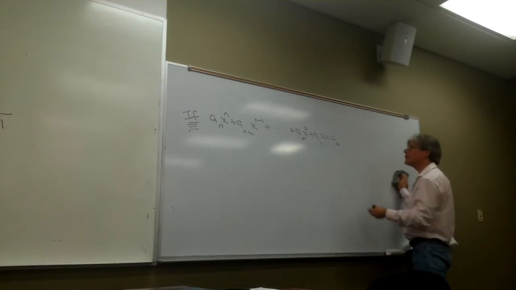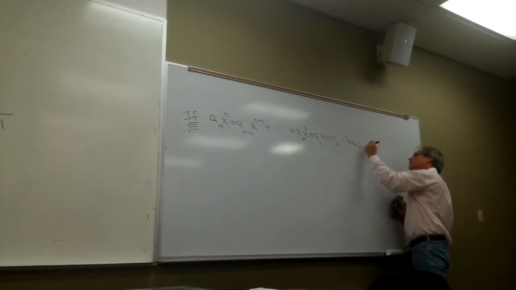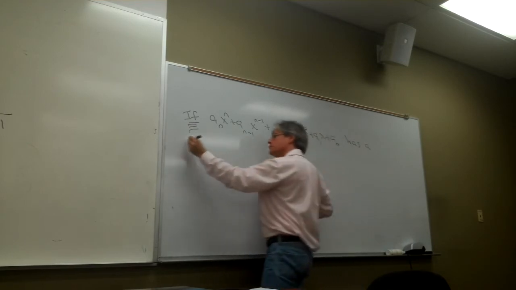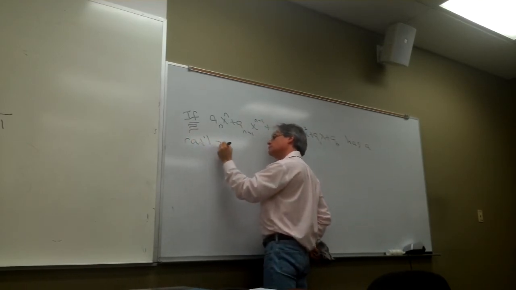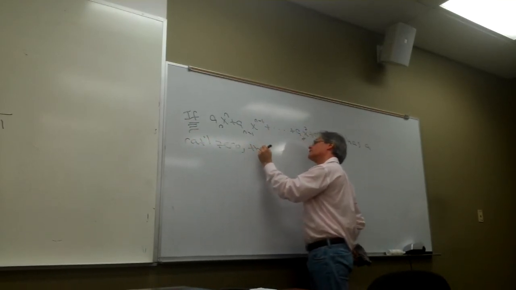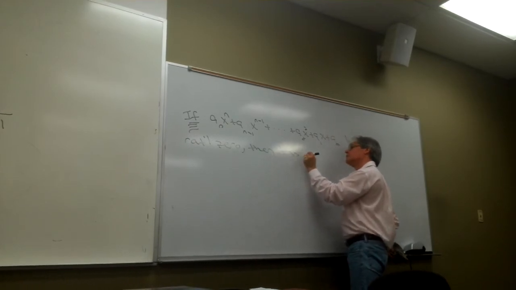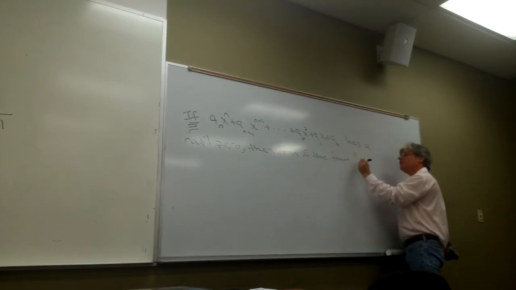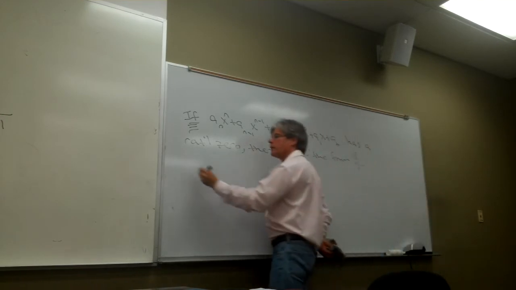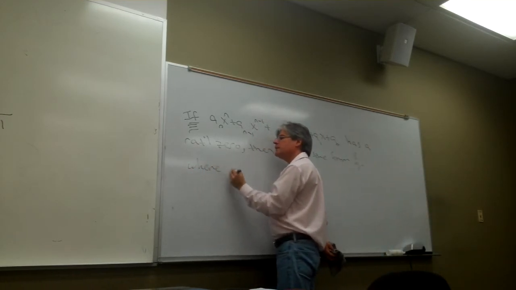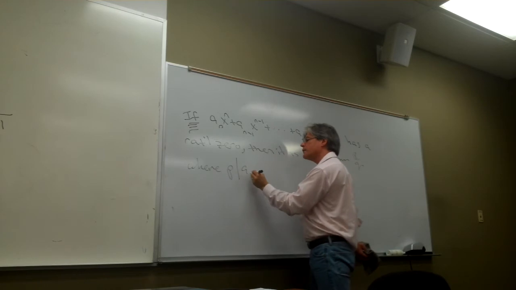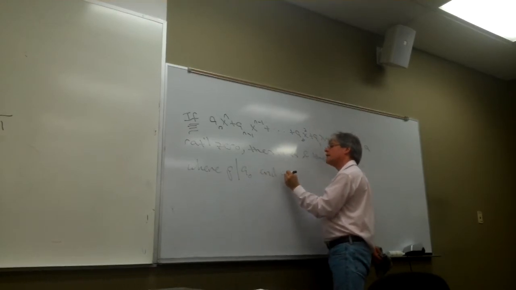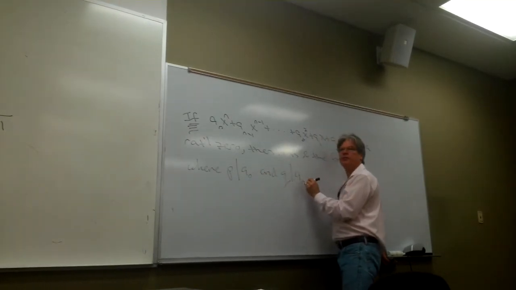If this thing right here has a rational root, then it is of the form P over Q, where P divides evenly into the constant term and Q divides evenly into the leading coefficient.